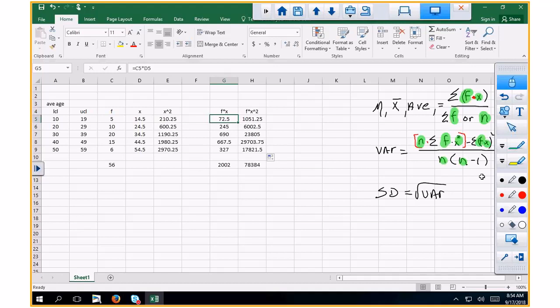Now I'm going to do the variance or the mean. Let's do the mean. Mean is equal to the summation of F times X, divided by N. 36 years old.